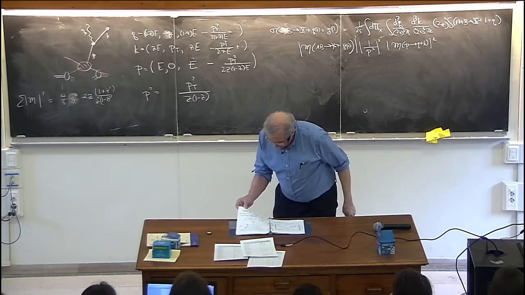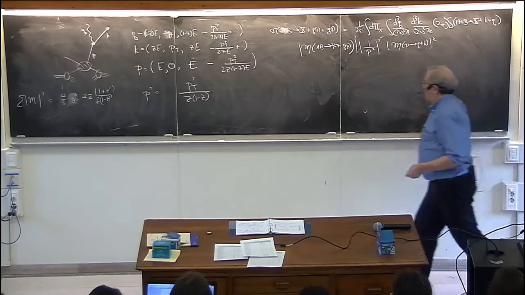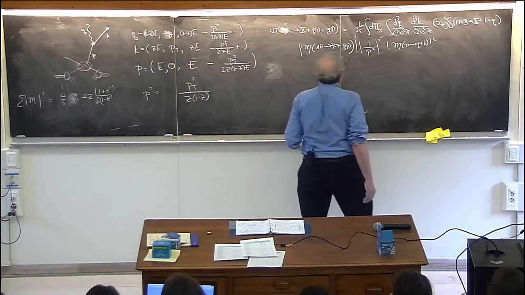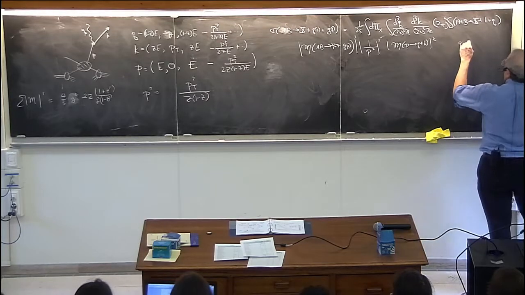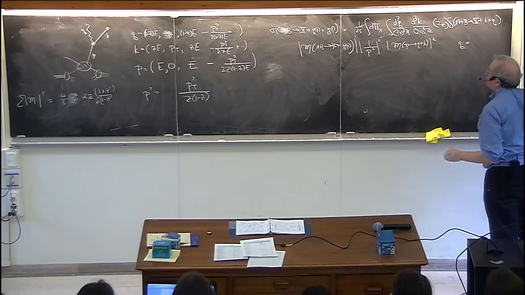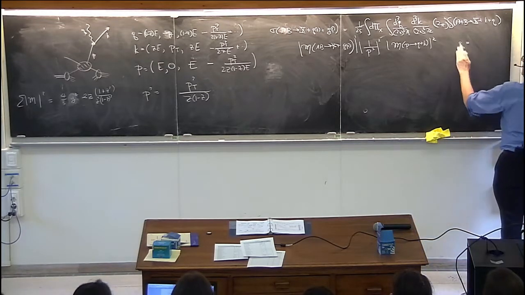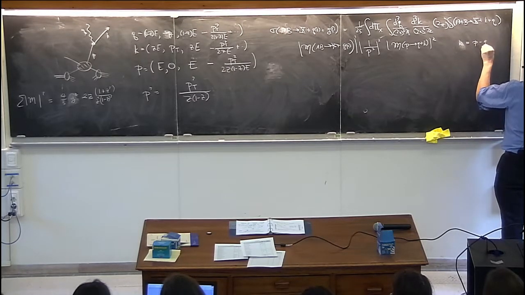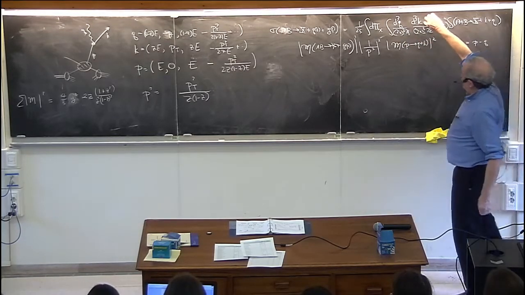Once again, we need some simplification of the kinematics appropriate to the collinear region. So it's, I think, most convenient to notice that K is equal to P minus Q. So if I keep Q fixed, I can turn this into a D3P.